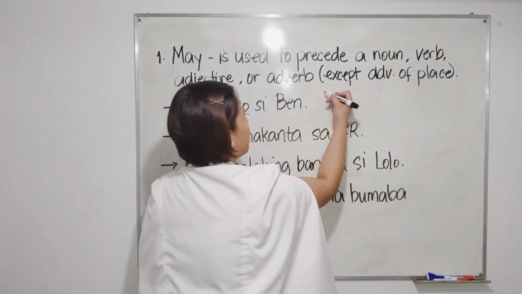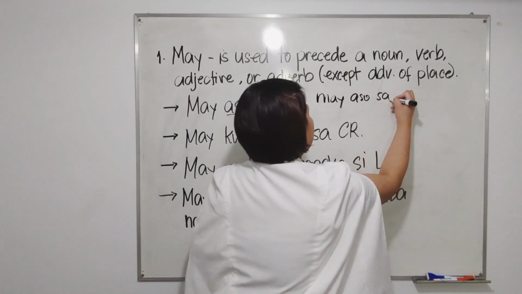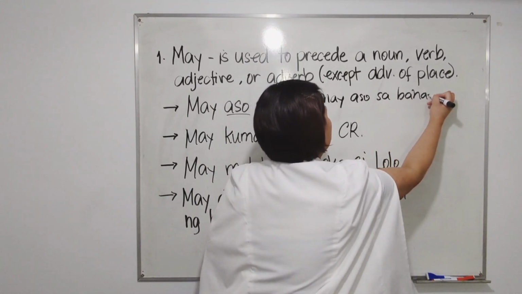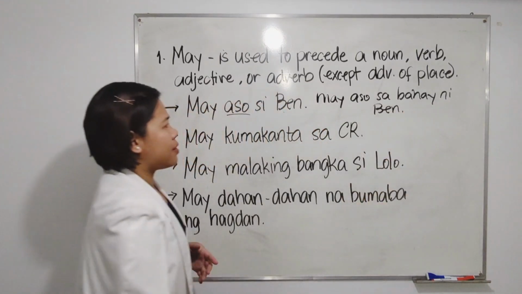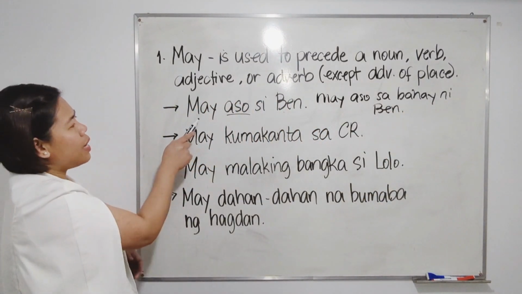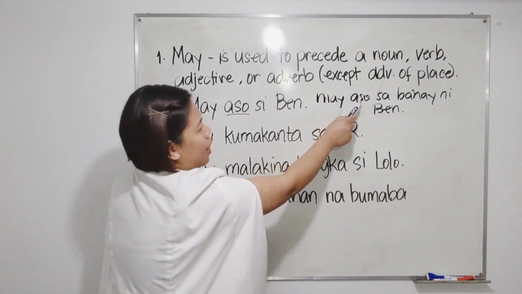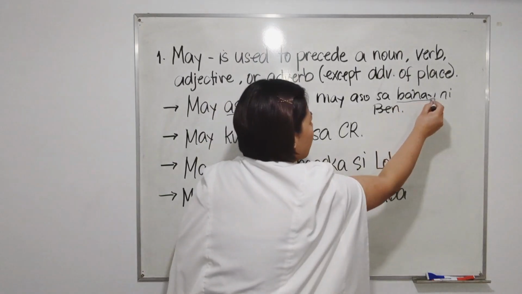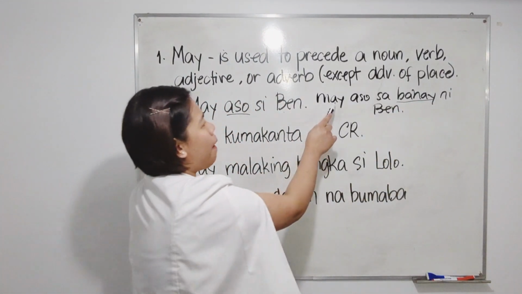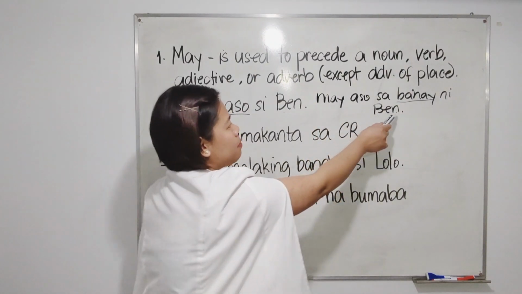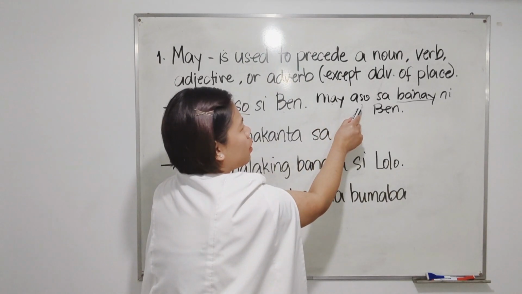We will write this down. May aso sa bahay ni Ben. Like this. So the may here will change from has to there is. May aso again, sa bahay. I know you're familiar with this word. Bahay is what? House, right? So, may aso sa bahay ni Ben means there is a dog.